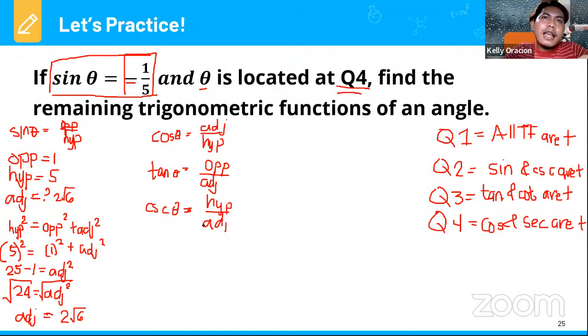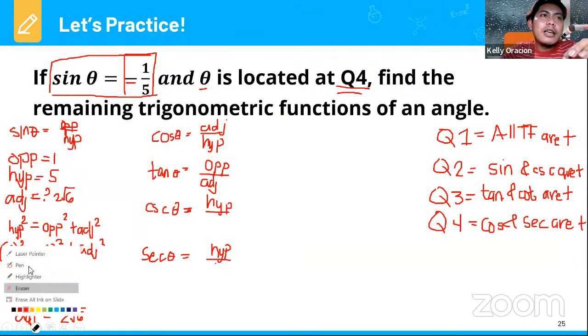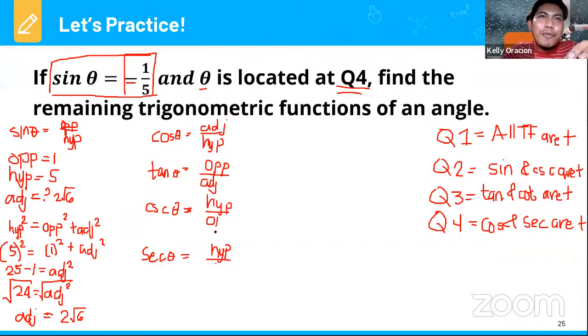Then the secant theta is hypotenuse over, wait, mali ko, sorry. Hypotenuse over adjacent for the sec.